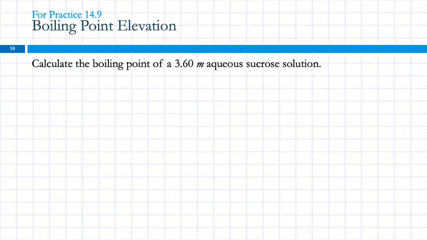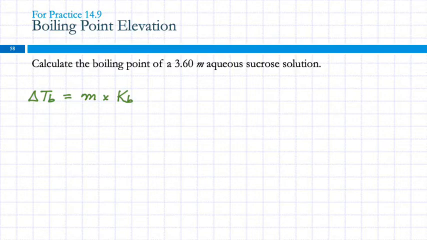Calculate the boiling point of a 3.6 molal aqueous sucrose solution. Well, we need the boiling point elevation equation. So the change in the boiling point is equal to molality times the boiling point elevation constant.